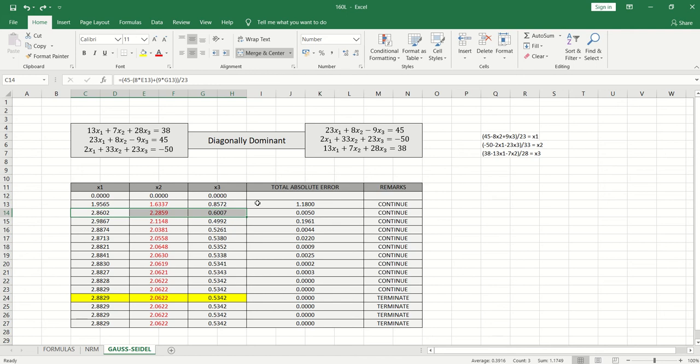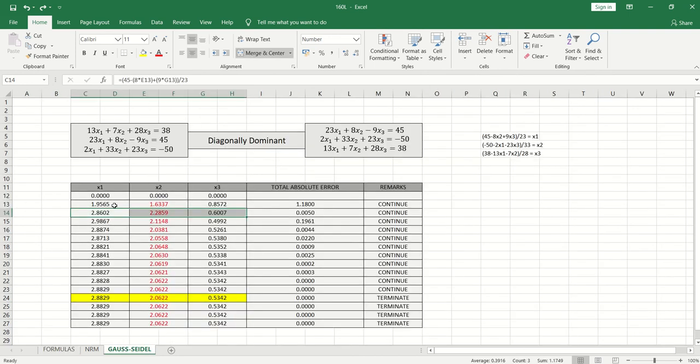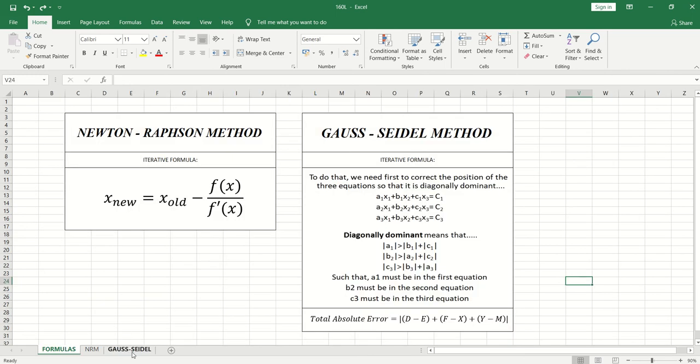To determine the total absolute error, it is the absolute value of d minus e, plus f minus x, plus y minus m. d minus e is defined like this. This will be the first d and this will be the e. This is f minus x, and the last is y minus m.